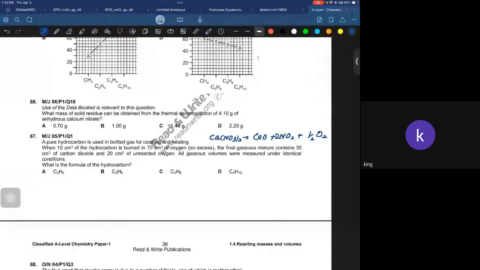Quickly, quickly, quickly. What's the answer?